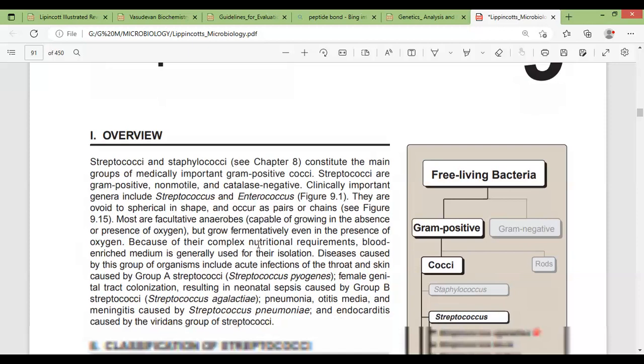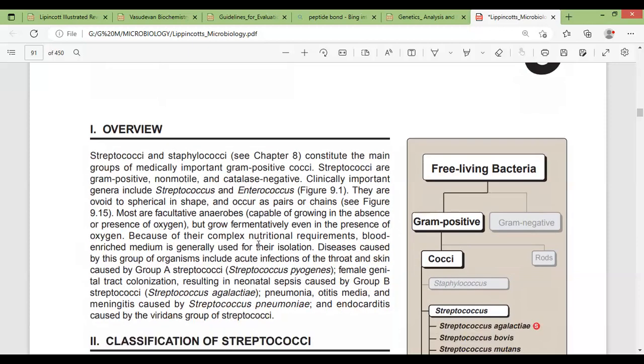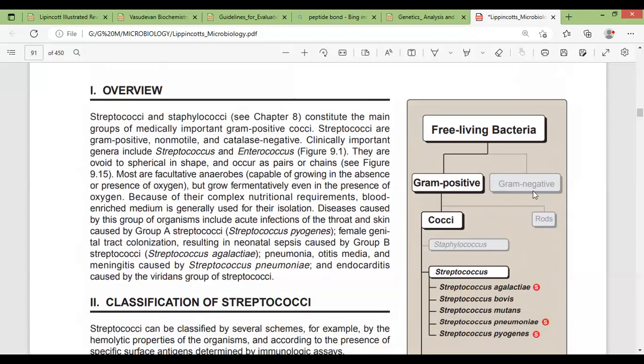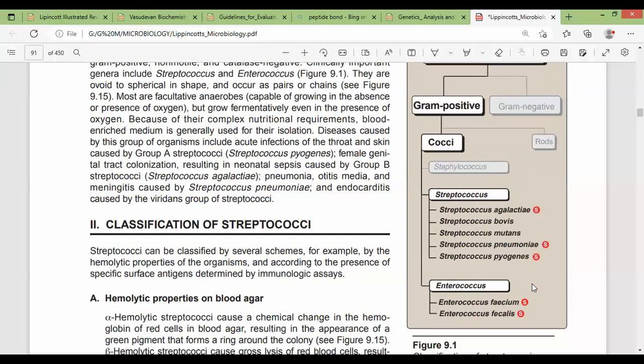And for Streptococcus pyogenes, we call it group A streptococci. Then there's strep pneumonia, and we know strep pneumonia for any pneumococci.